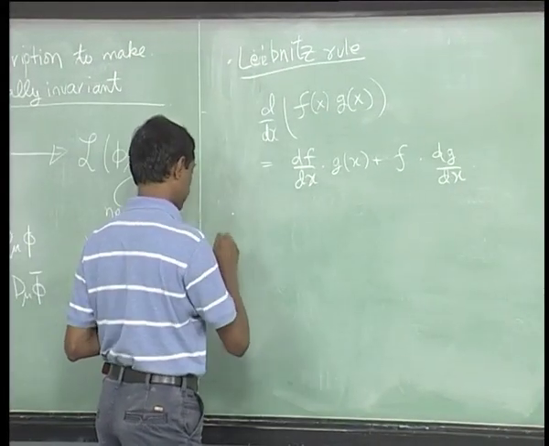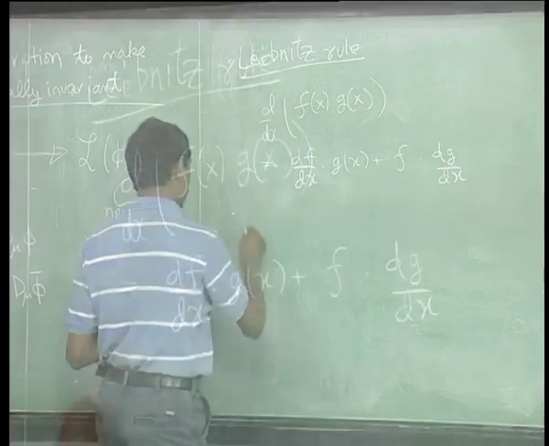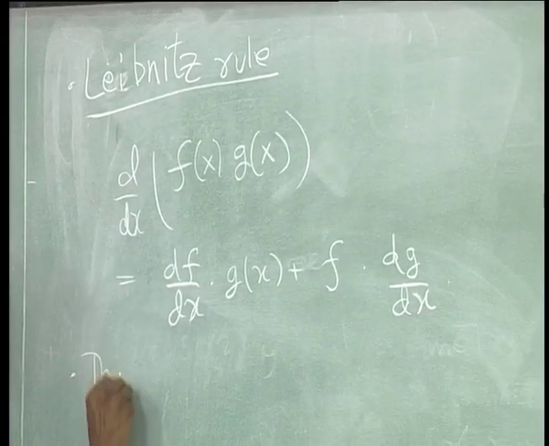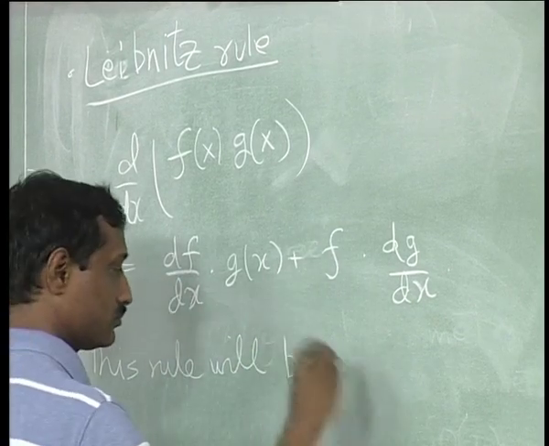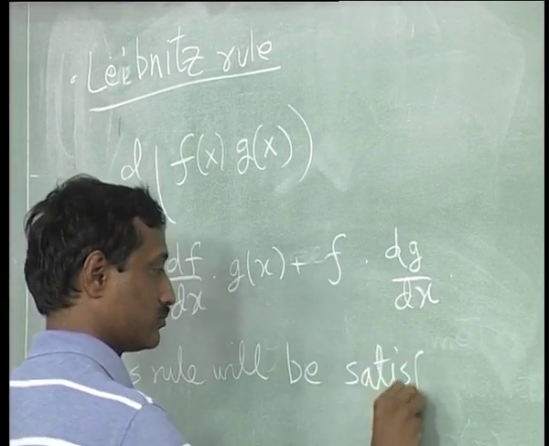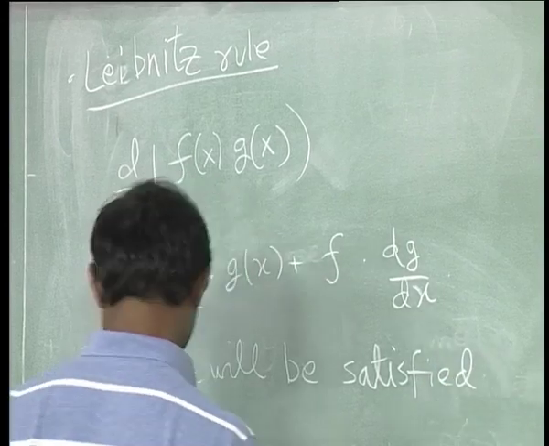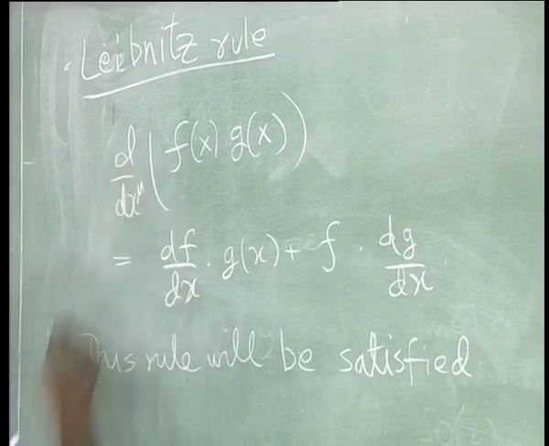But this is a property. So this will be satisfied by this rule. So actually, let us write it this way.